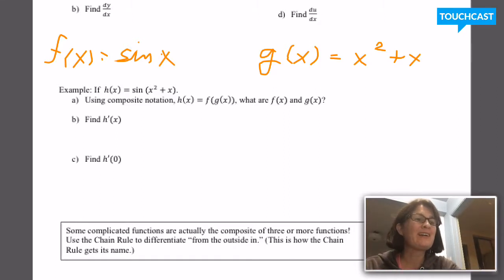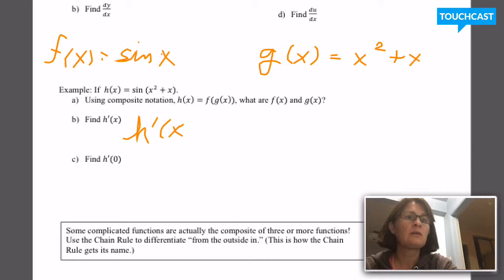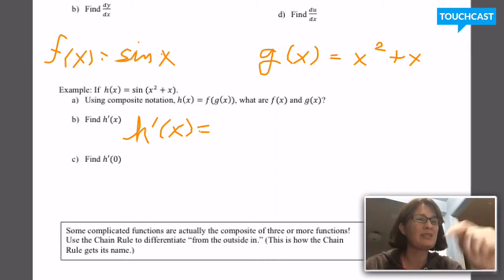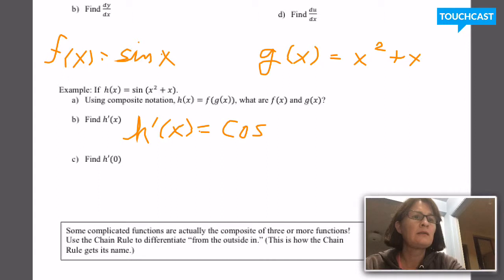So question B says find h prime of x. Well, h prime of x is f prime of g of x, so the derivative of the outside function with the inside still the same. The derivative of sine is cosine. So f prime of g of x is still x squared plus x.